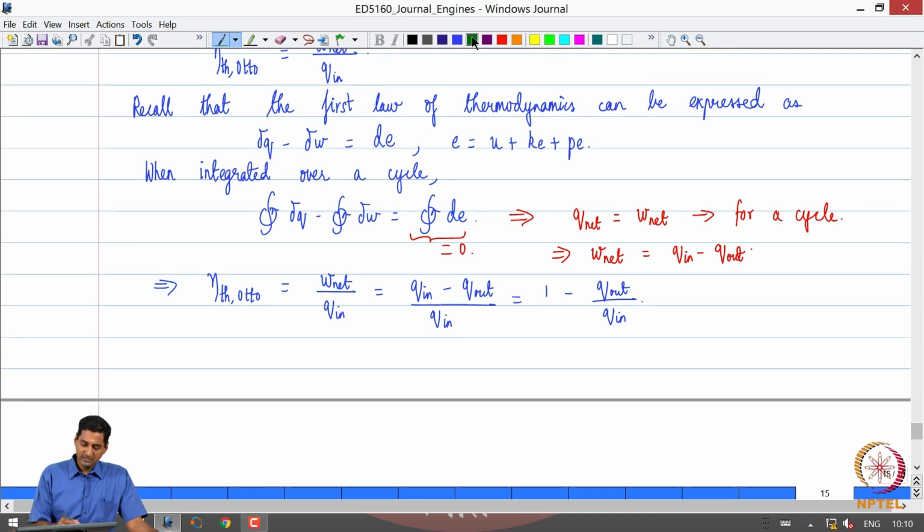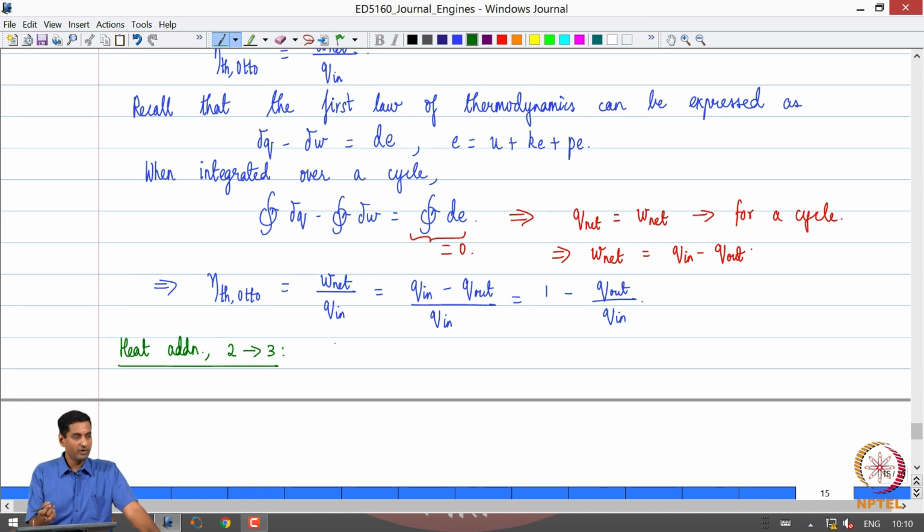So, if you recall, the heat addition takes place at constant volume, right. So, the heat addition process is the process from 2 to 3, right, that is the one which takes place at constant volume. So, if we integrate the first law of thermodynamics over the process 2 to 3, what are we going to get?